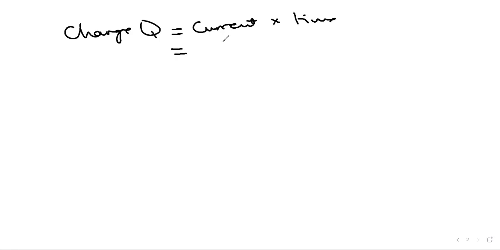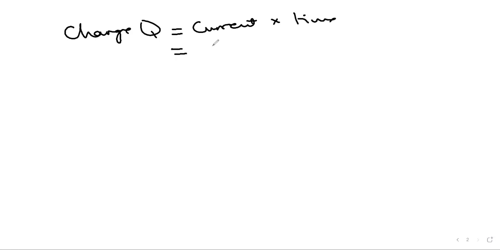We have not done the one that includes current. So what's the dimensional unit for charge? Charge, Q. The definition of charge is current times time.